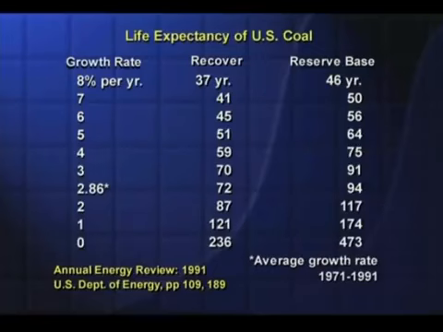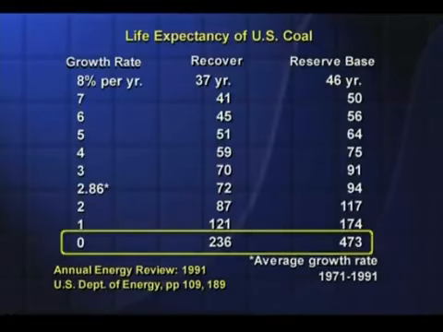If you use that equation to calculate the life expectancy of the reserve base, or of the half the reserve base that's estimated to be recoverable, for different steady rates of growth, you find if the growth rate is 0, the small estimate would go about 240 years. The large one would go close to 500 years. So that report to the Congress was correct.